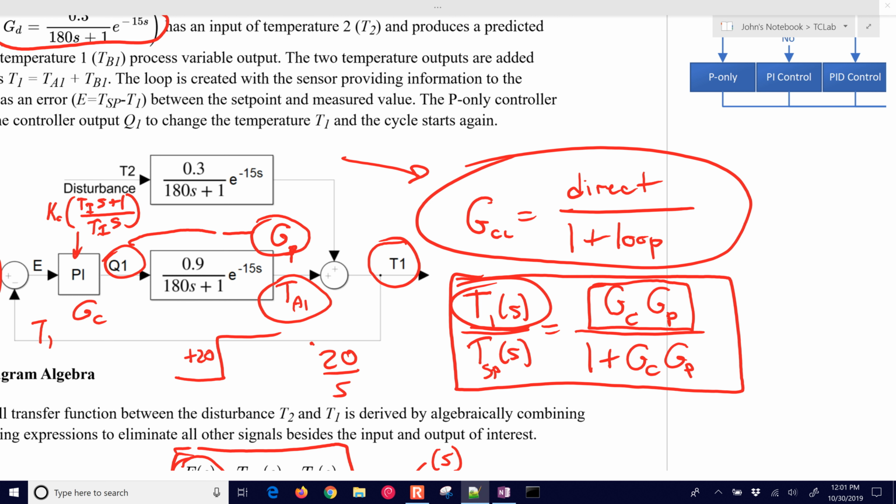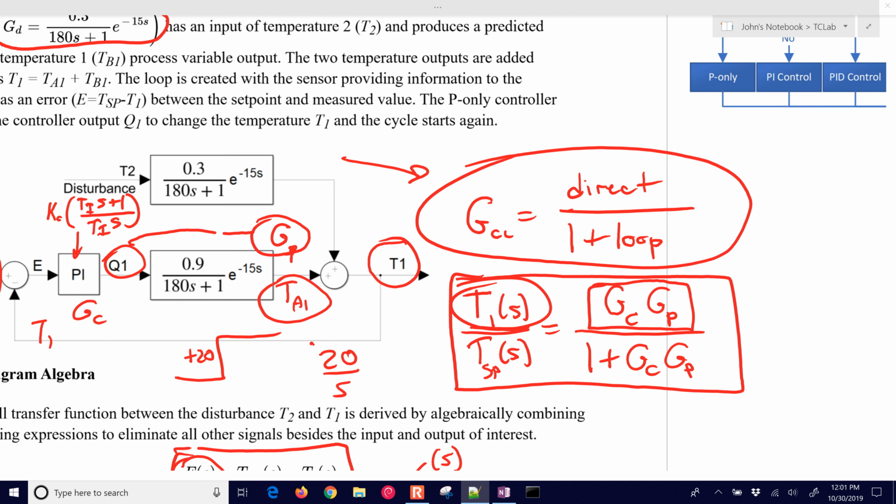Alright, so here is the script and the plot. What I'm going to do here is just modify it. It'll be in the solutions as well, but I'm just going to say this is going to be a set point. I'm just going to leave it as T2 for now, and then down here instead of GD, I'm going to have GC times GP.